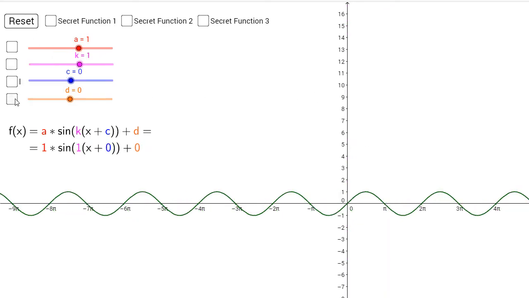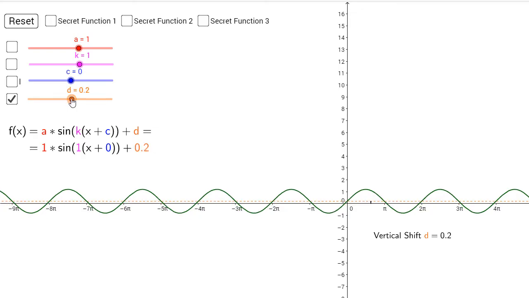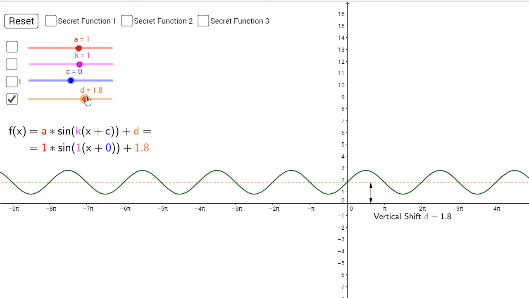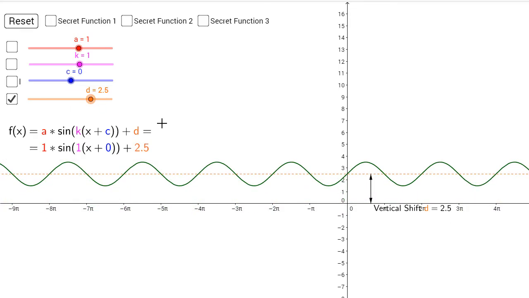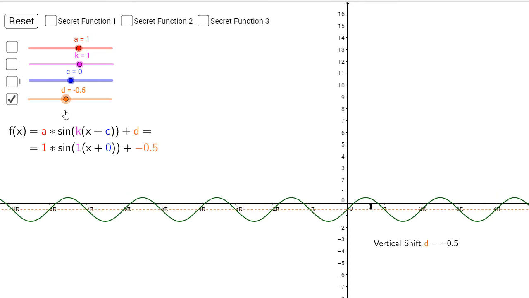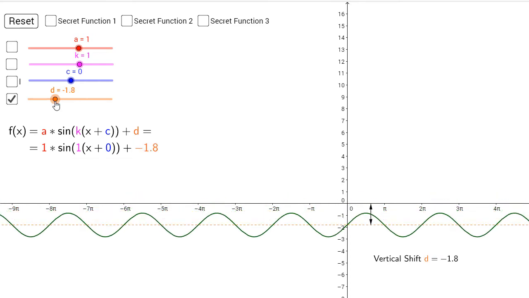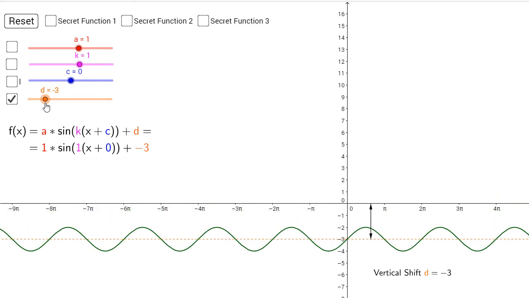Okay, let's skip c for the time being and move on to d. The variable d is in charge of the vertical shift of a function. So if you increase d, you will see that the function is raised a bit. And if we decrease it, we can see that it lowers the whole function. So now we only have the phase shift left and only one variable left.